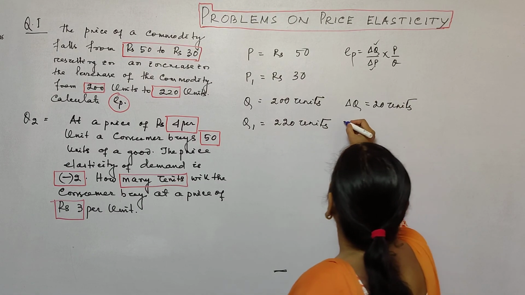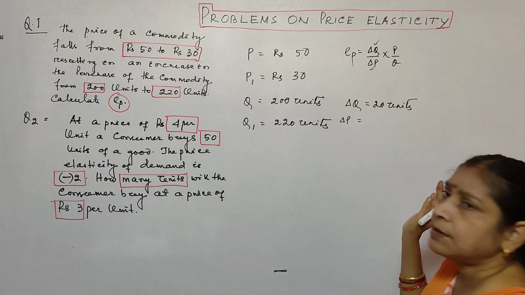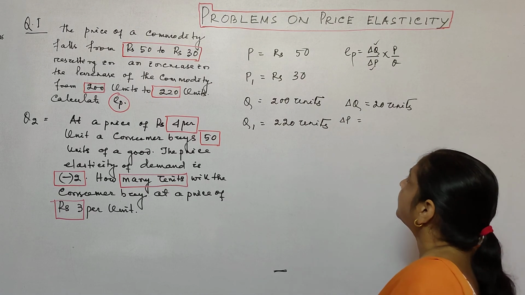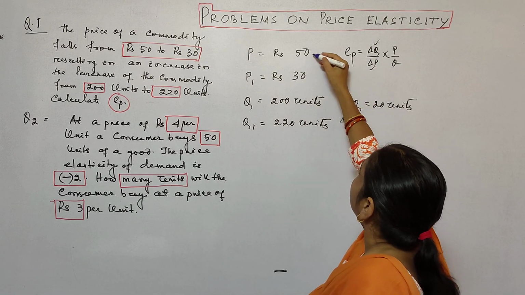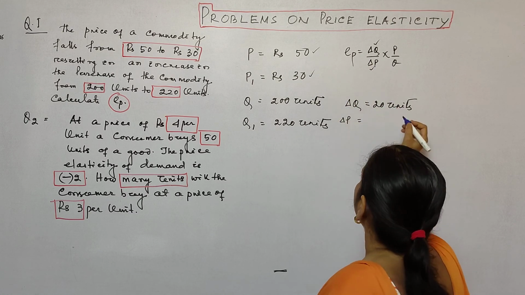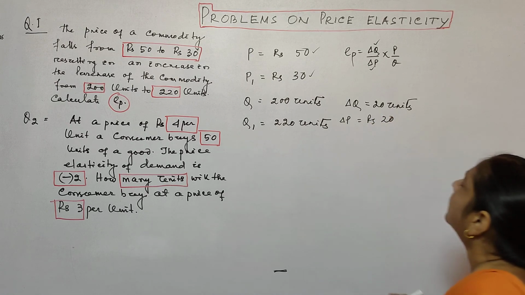Now we will find out the value of delta P. Delta P is the difference between the two prices, initial price and changed price. The price falls to rupees 30, so change in price is rupees 20.